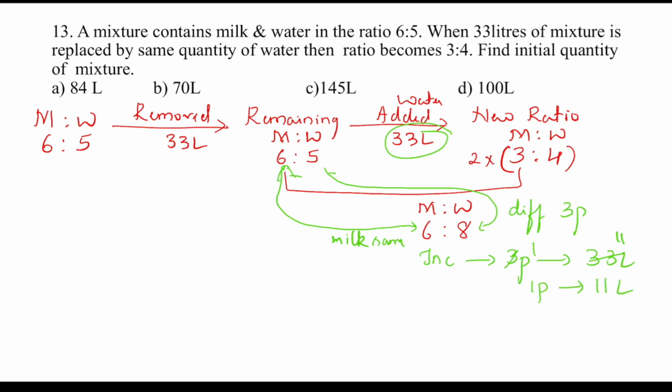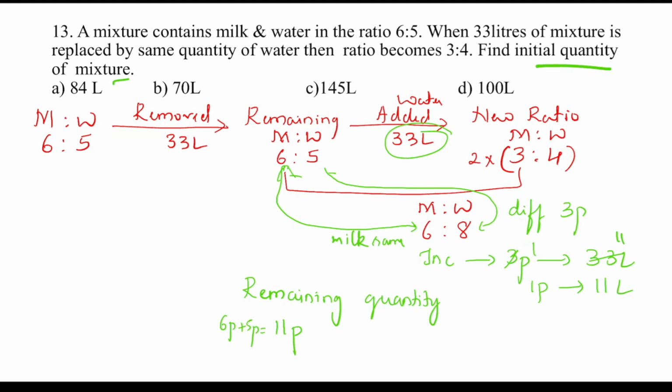Okay. Then they are asking to find initial quantity of mixture. So to find out initial quantity of mixture, first we will find out remaining quantity, as we did in earlier problems. So remaining quantity is how much? We know remaining is milk is to water, 6 parts milk and 5 parts water, which is equal to 11 parts.